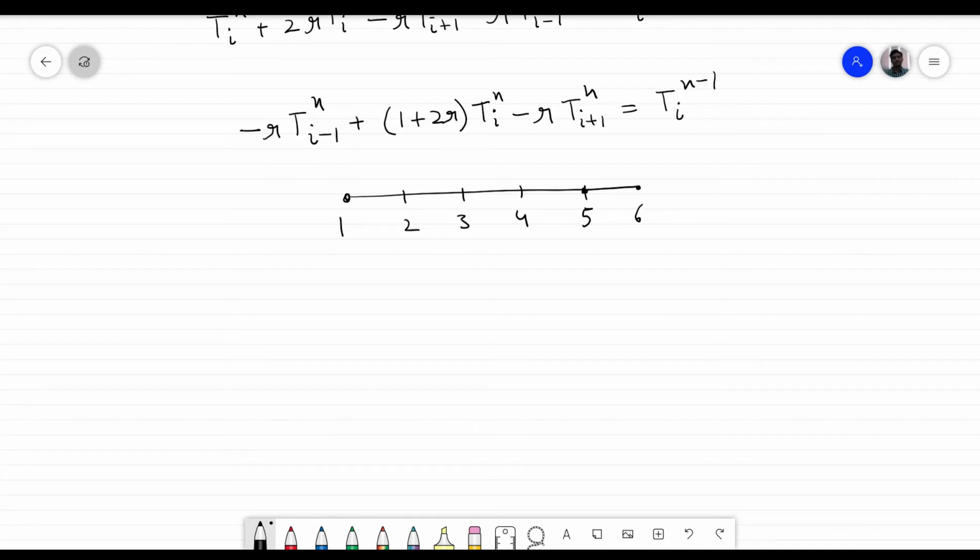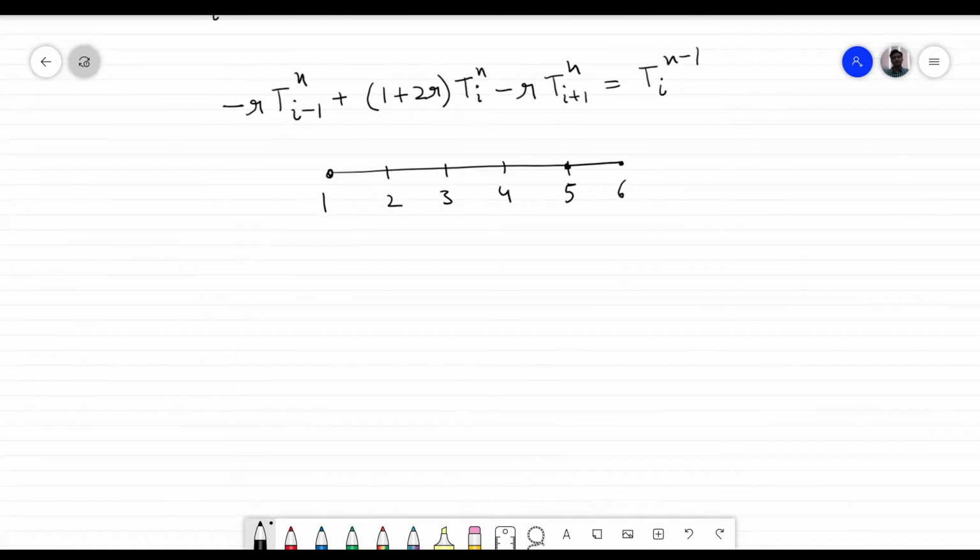So 4 grid points are inside the domain and 2 are the boundary points. Let us say that we know the boundary conditions. These are fixed boundary conditions or Dirichlet boundary conditions. So we know the temperatures at boundary 1 and 6. Let us call them T1 and T6. These are fixed at all times, that is, they are known.